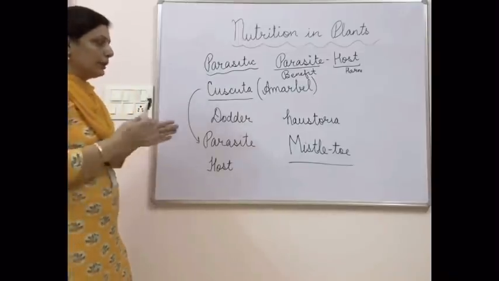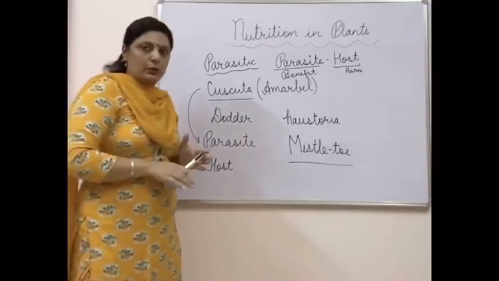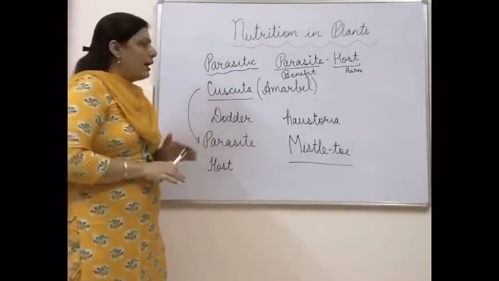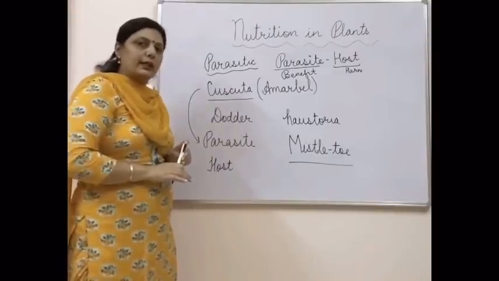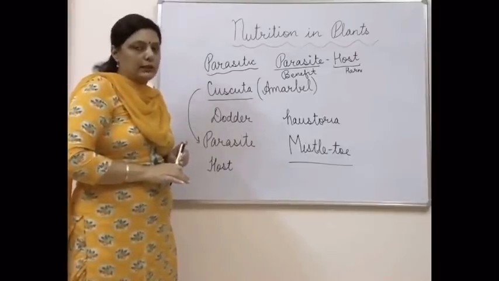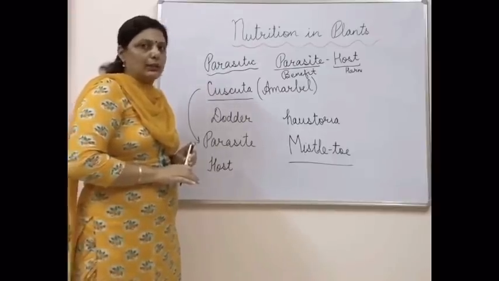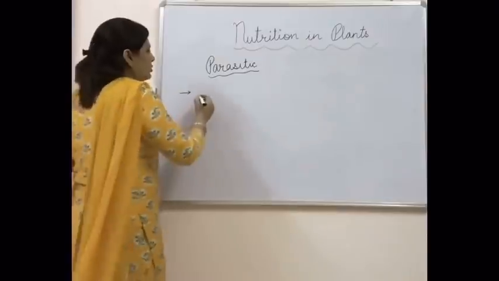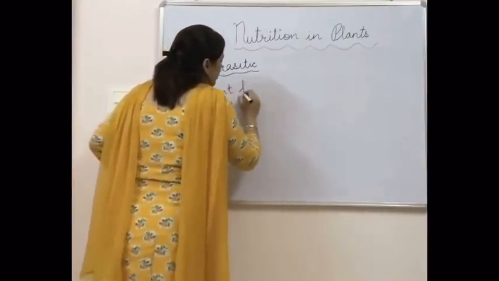Partial means it is not completely a parasite, but it carries out photosynthesis also, and it also depends upon some host to fulfill its requirement of some nutrients which it cannot get by the process of photosynthesis which it carries out. Parasitic organisms can also be categorized as plant parasites, which I have just told you.